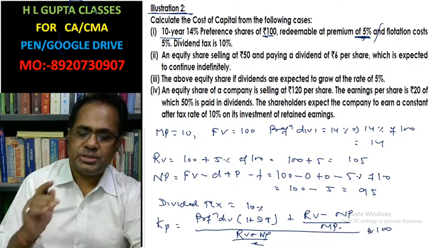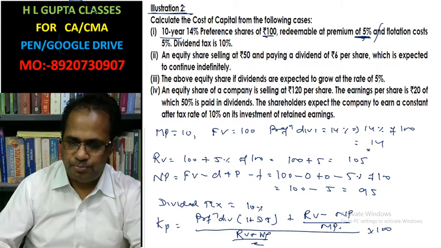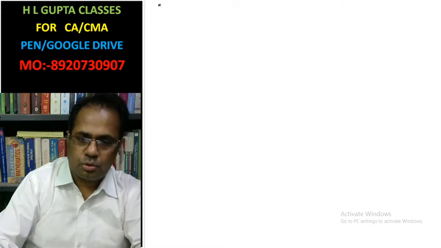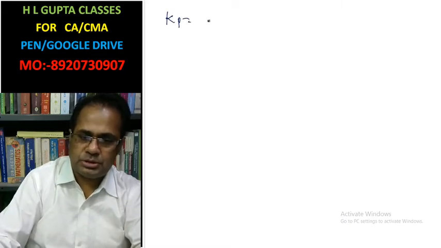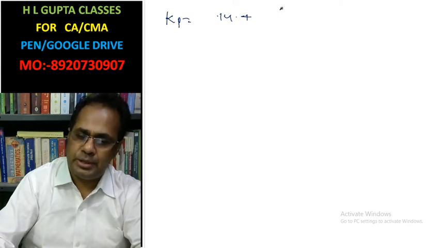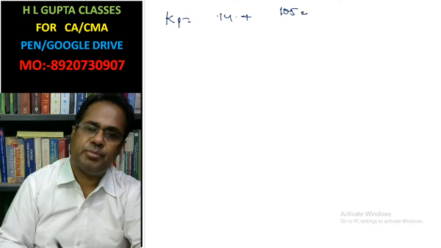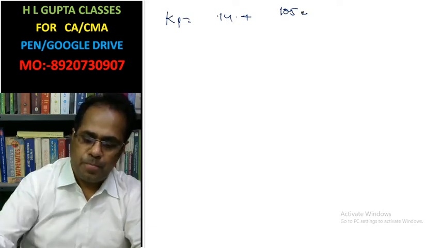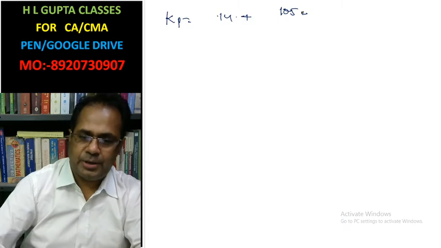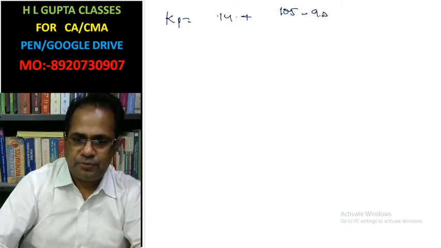Now, what is the preference dividend? This is 14. Redeemable value is 105 because it is redeemed at a 5% premium. Net proceeds we have already calculated as 95. Maturity period is 10.